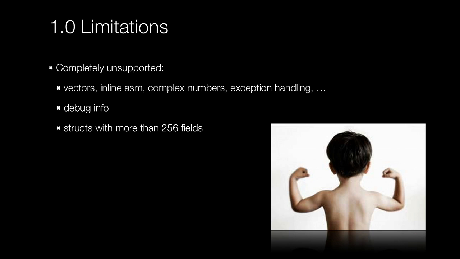Little details like structs with more than 256 fields completely didn't work because getElementPointer only allowed a byte for the struct index. So that's a really bad idea. Also, of course, plenty of bugs. And of course, instcombine hadn't taken over the world and become a library yet. It was only 2,000 lines of code, which doesn't make any sense at all.